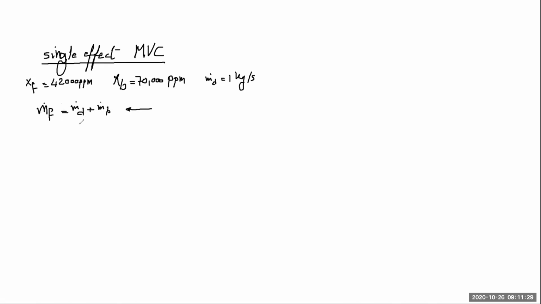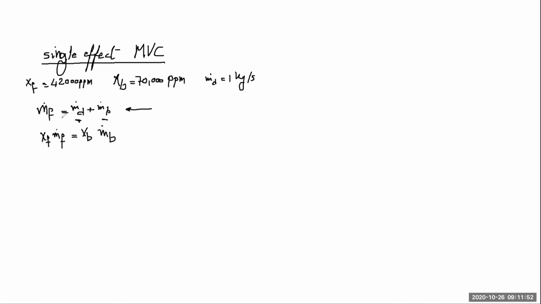This equation is always there because we always have a stream of seawater coming in. Part of it will be converted into sweet water and the rest will be rejected as brine. So this equation is always there in addition to this equation, which is X feed times m dot feed is equal to X brine times m dot brine.